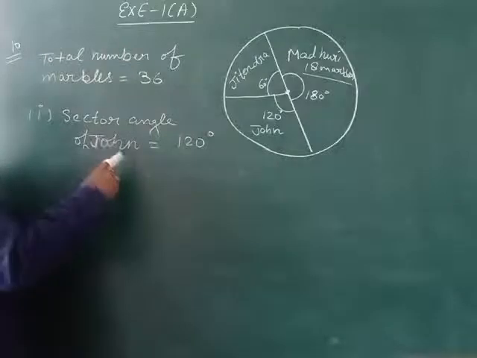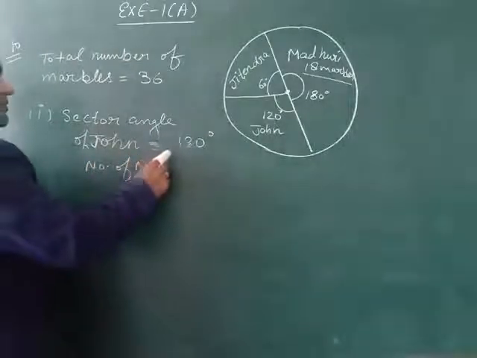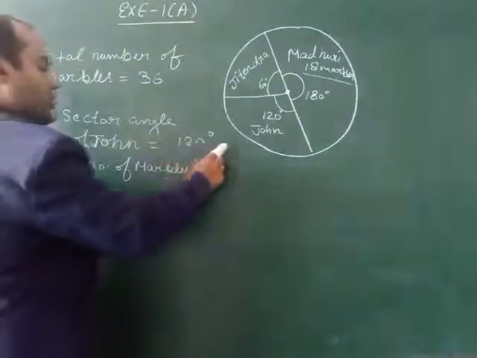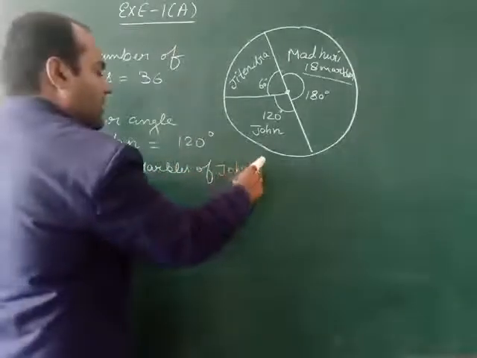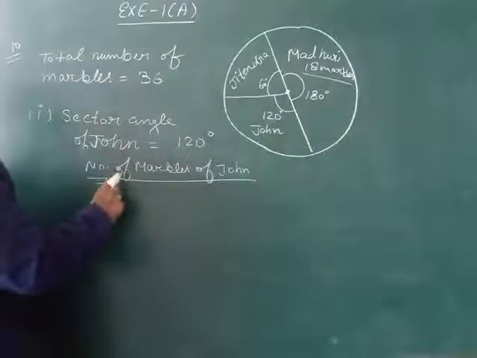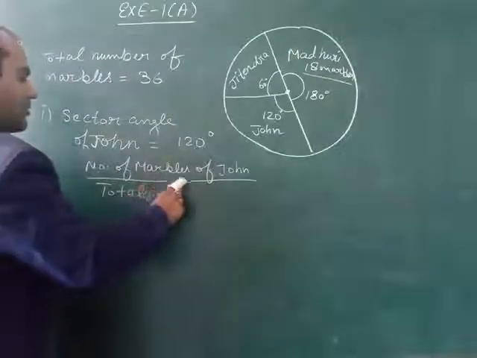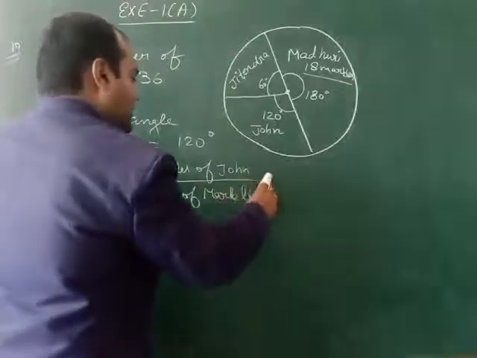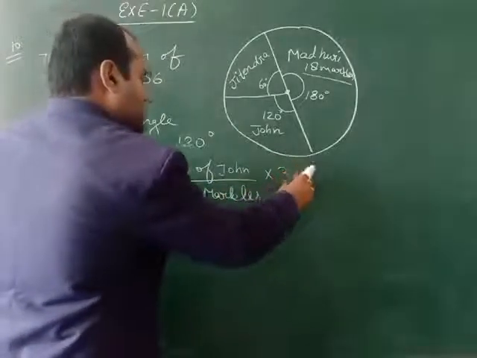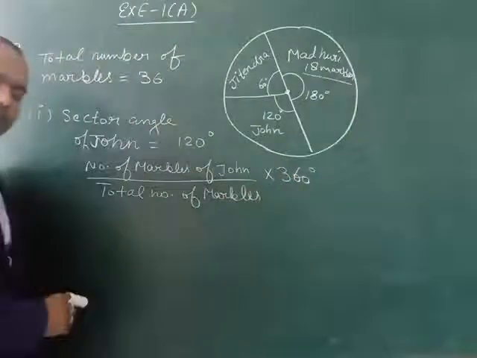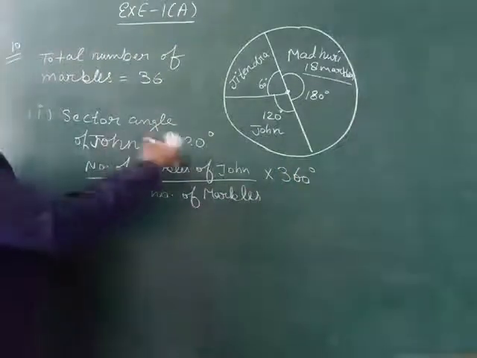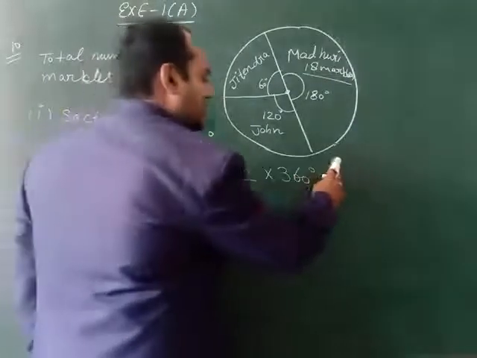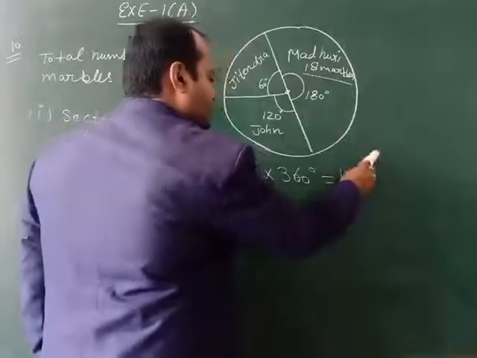Sector angle for John is number of marbles of John divided by total number of marbles, multiply 360. This is the formula to calculate the sector angle, and on the right hand side the sector angle is 120. So here on the right side we will write 120 degree.